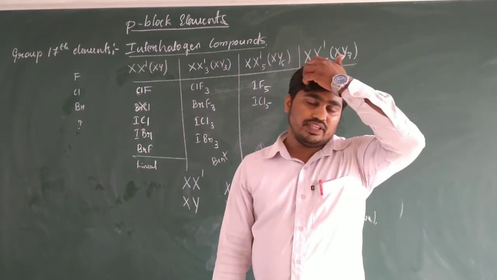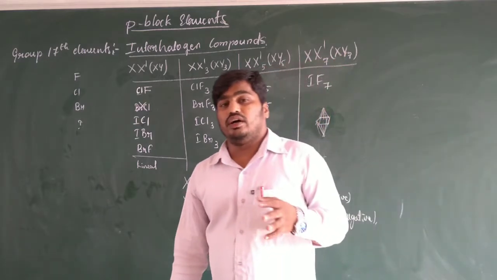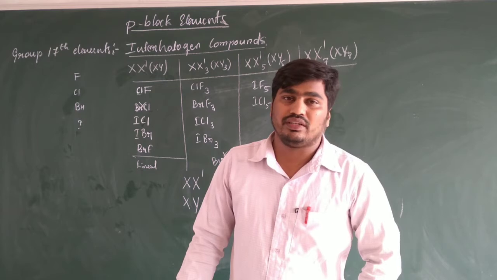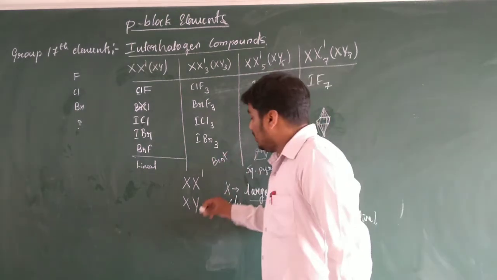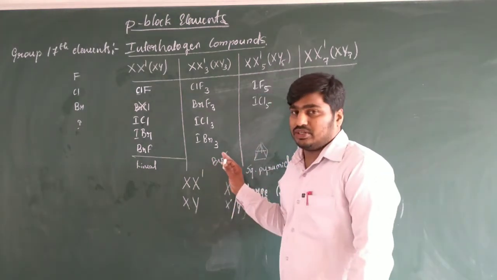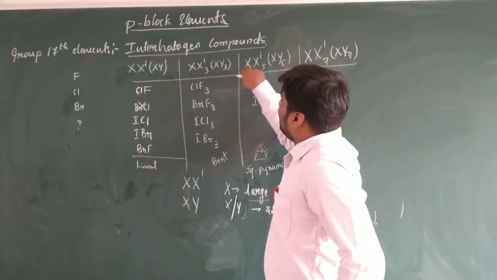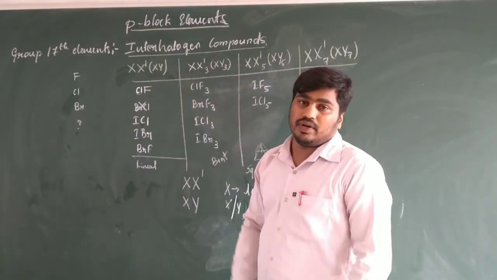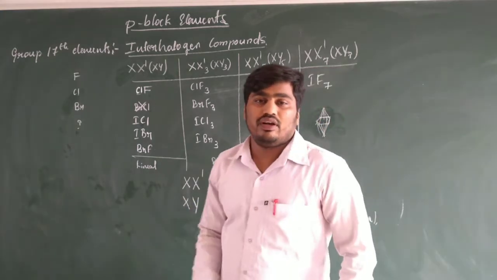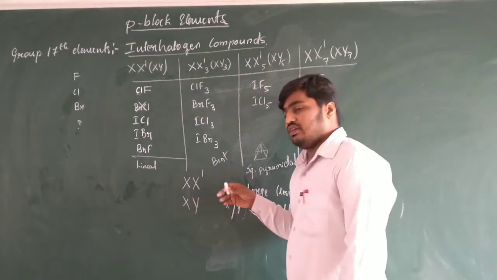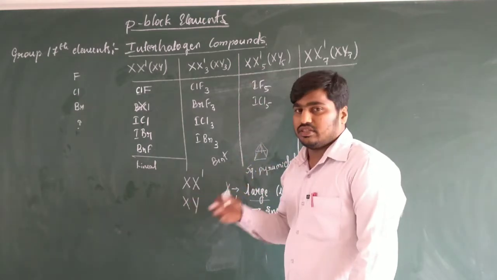The exceptions are because of the lone pair of electrons. According to VSEPR theory, we observe a few different types of structure under XX3 dash and XX5 dash type compounds. Few exceptional things are there. All this part will be discussed in the next part.